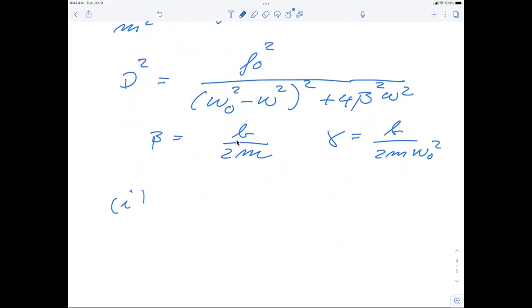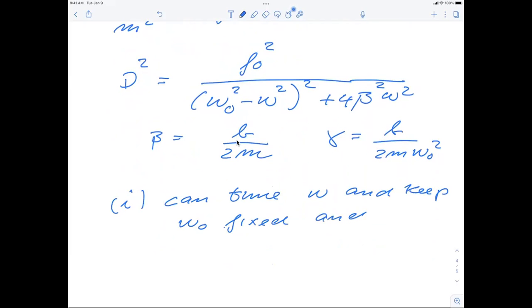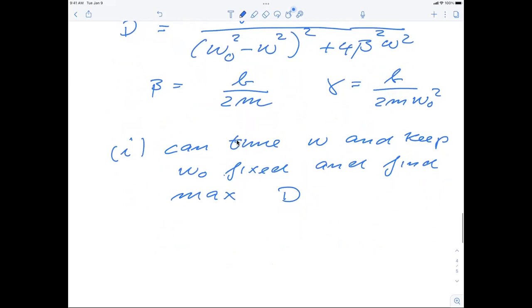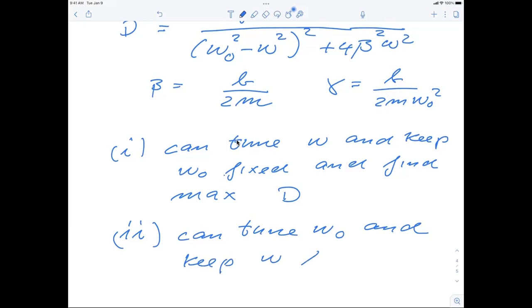You can tune omega and keep omega 0 fixed, and find maximum D. Alternatively, you can now tune omega 0, which is also possible, and keep omega fixed.